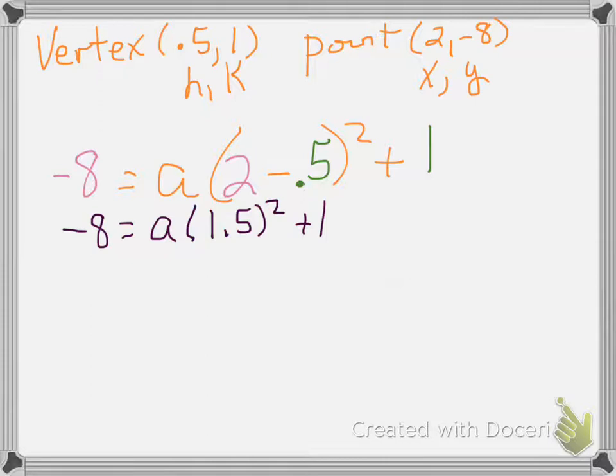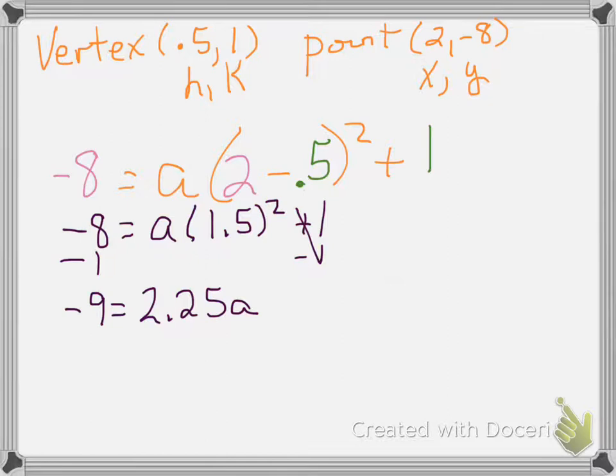So let's subtract the 1 from both sides. So we end up with -9 is equal to, now what is 1.5 squared? 2.25. 2.25a. Okay, good.